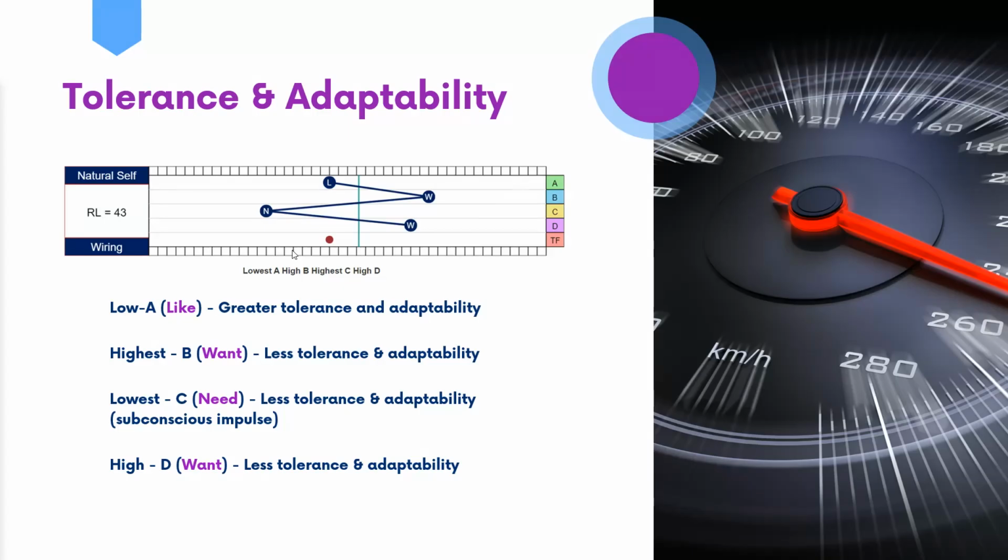And what do I mean by that? When you look at the like drive, low A within the like range, anytime you have a drive that's within the like range, that drive is going to carry a higher amount of tolerance and more adaptability. What do I mean by that? A low A profile wants to be included. They want to feel part of a team.